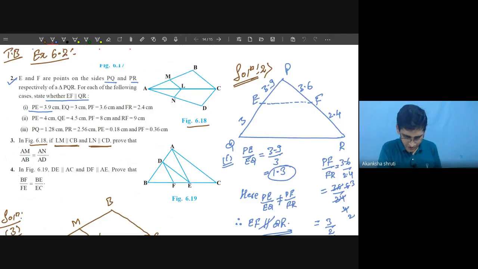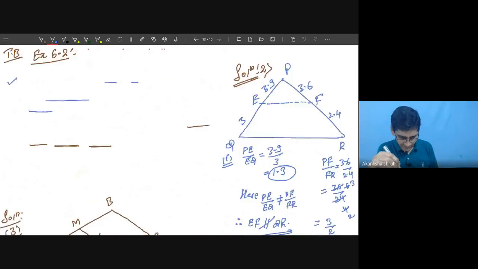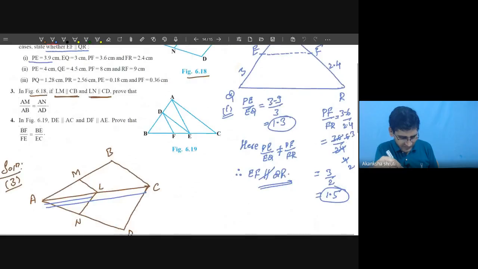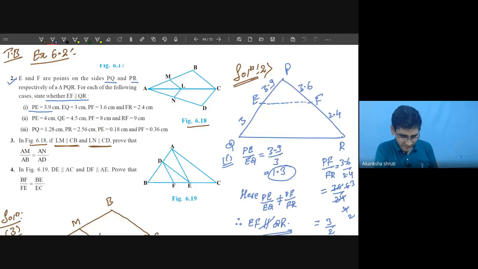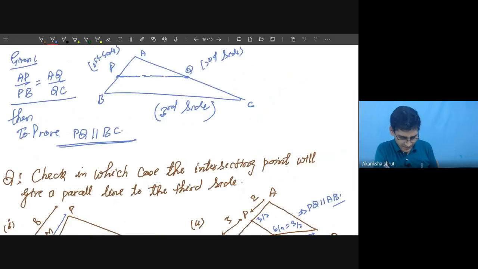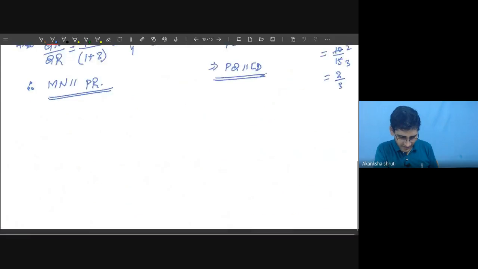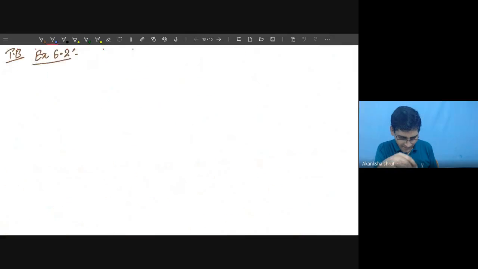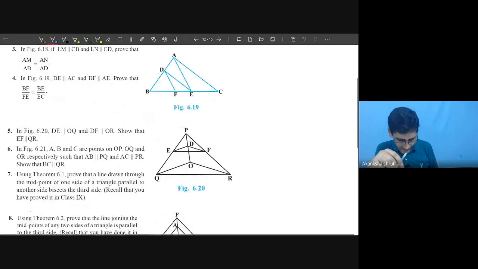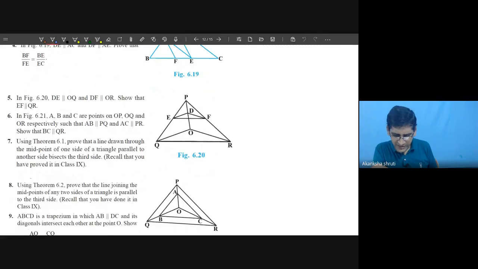Let me take one more question. The same concept is also applicable for this figure 6.20, where you have to choose the parallel sides properly, and after that you have to equate.